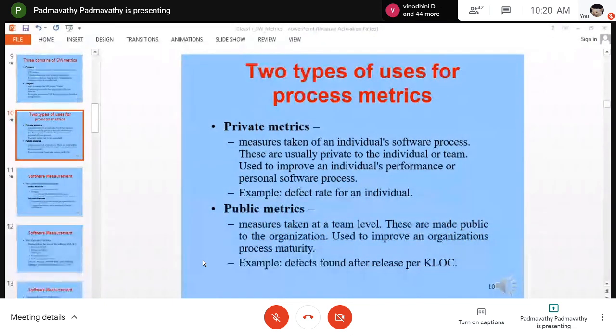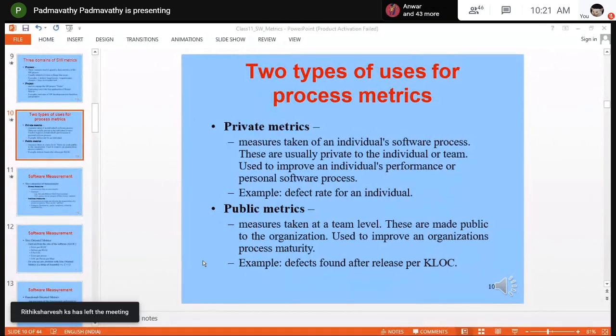So they enable the software project manager to minimize the development time. As I already told you, time estimation and cost estimation are the two factors which can be measured for a project. So it minimizes the development time by making the adjustments necessary to avoid delay in delivering the project.